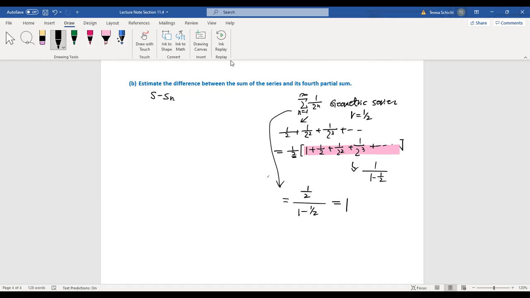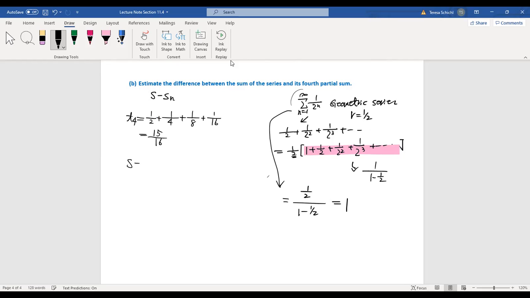All right, then do the same thing, because this is my bn, right? So I know the T4. The T4 will just be 1/2 plus 1/4 plus 1/8 plus 1/16. This one is pretty simple. If I add it up, it's 15/16.